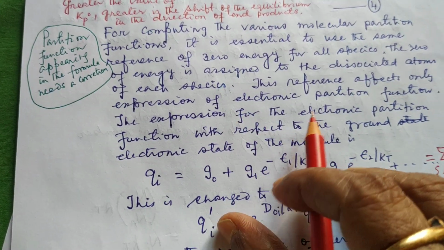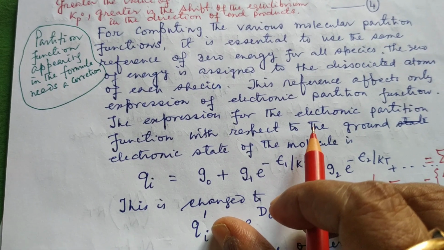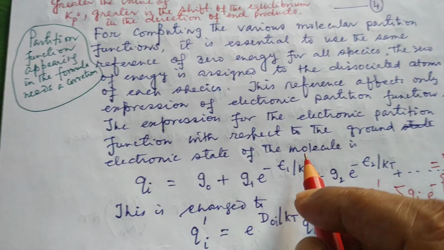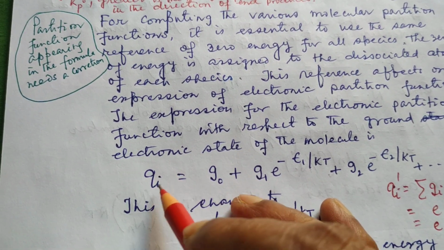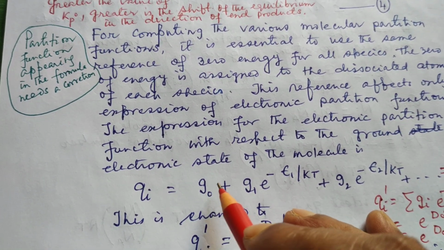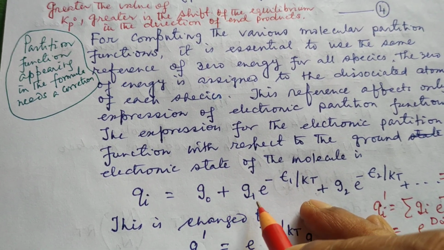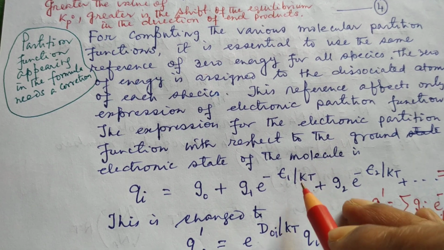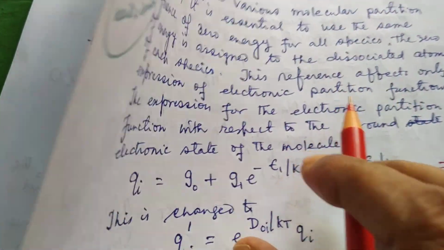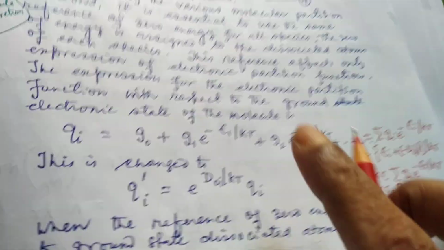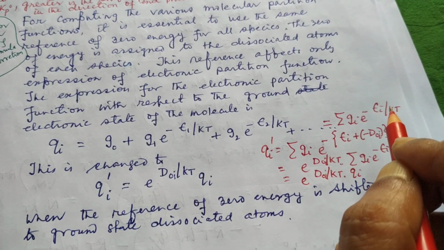The expression for the electronic partition function with respect to the ground electronic state of the molecule is: Qi, the electronic partition function of a species, equals g0, the degeneracy of the zero level, plus g1 e to the power minus epsilon 1 by kT, plus g2 e to the power minus epsilon 2 by kT, and so on and so forth. So this equals the sum of gi e to the power minus epsilon i by kT.